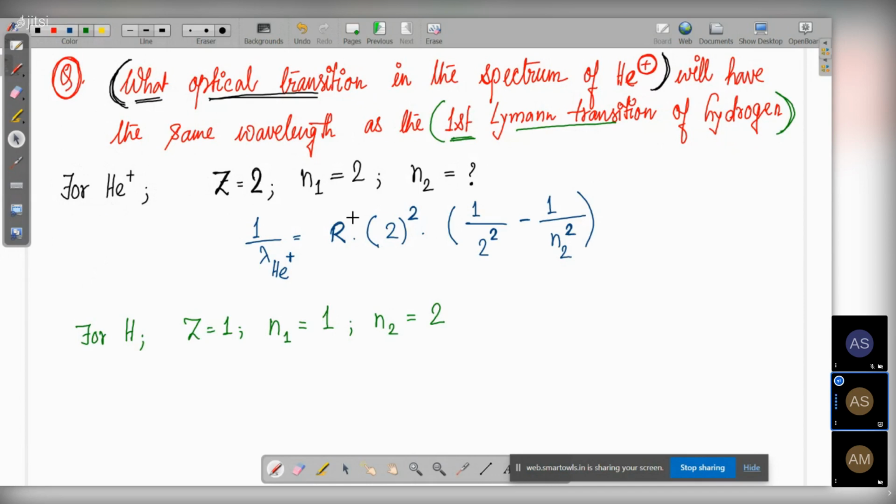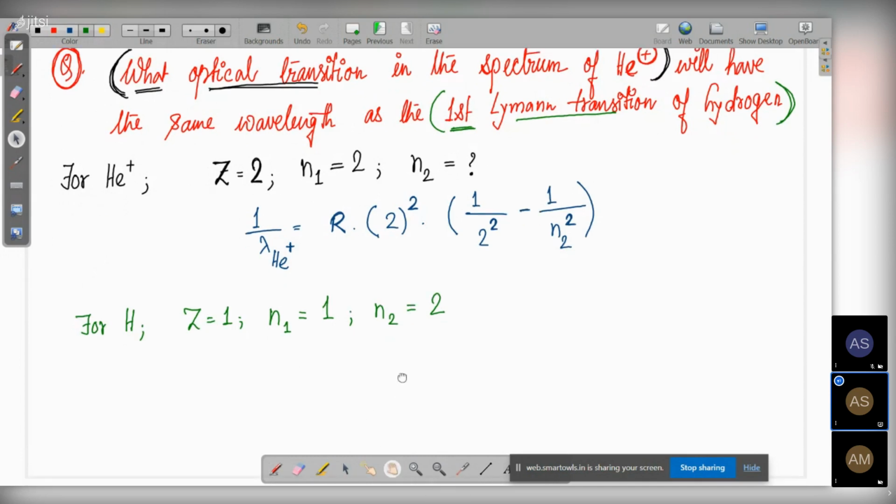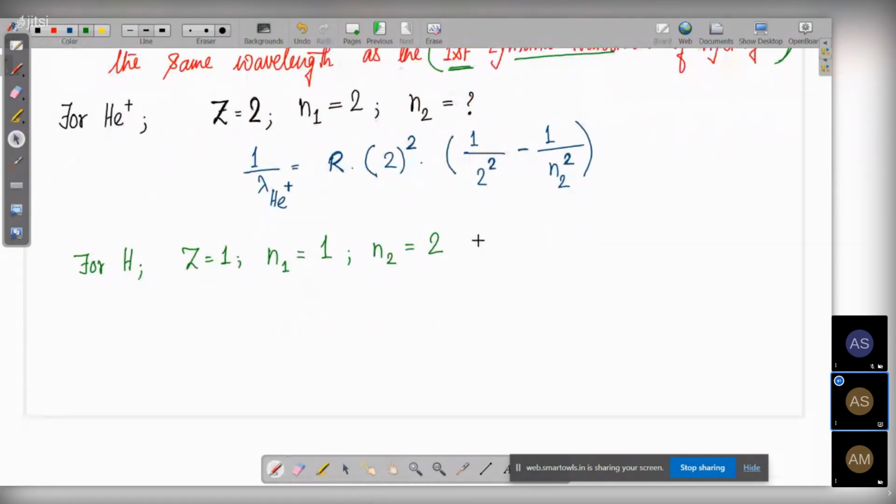Now calculate the lambda for hydrogen. 1 by lambda of hydrogen is equal to R into 1 square, into 1 by 1 square minus 1 by 2 square.